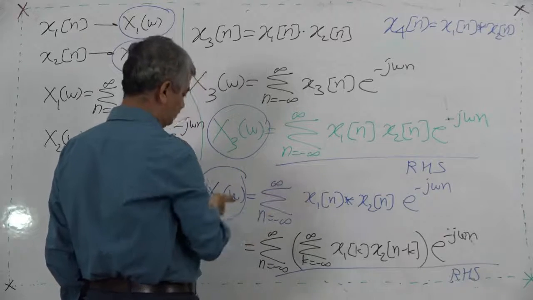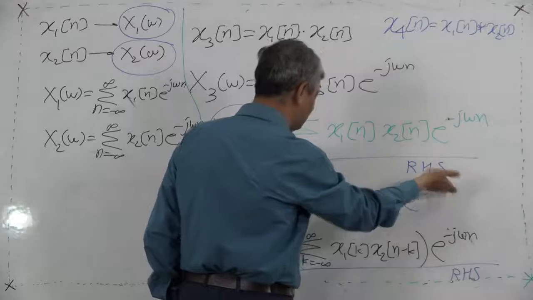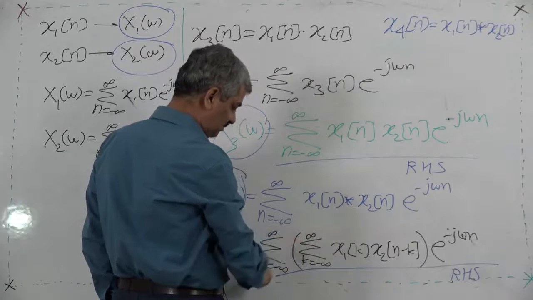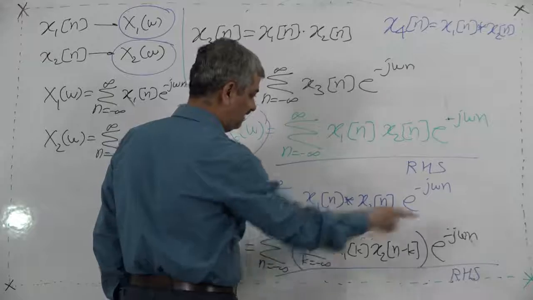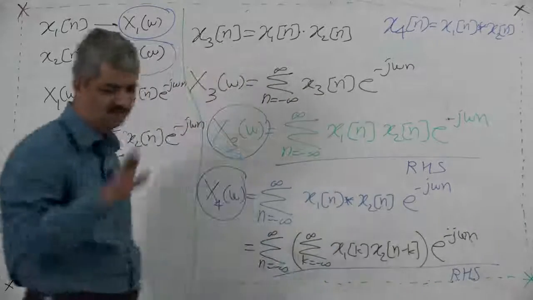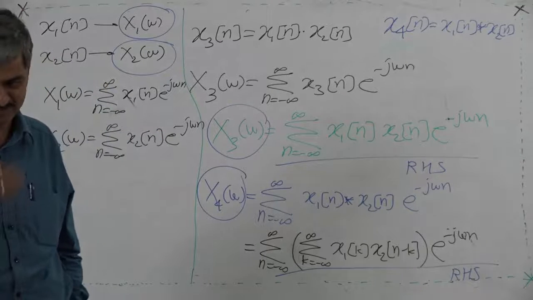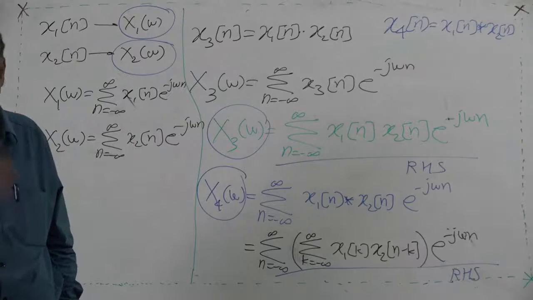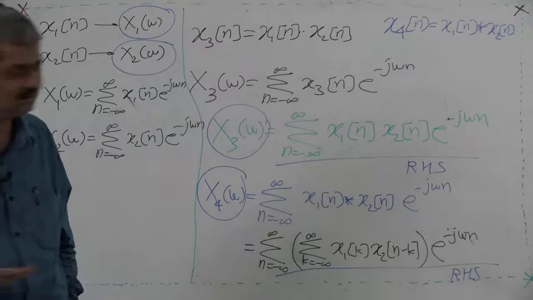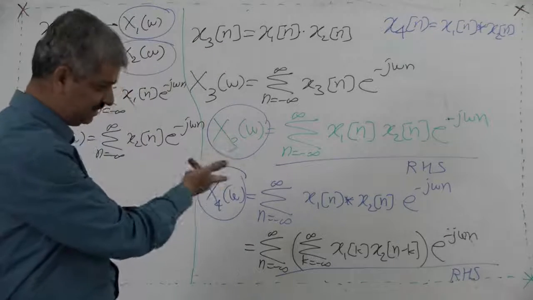The DTFT of x3[n] is simply the summation of x3[n] e raised to minus j omega n, that is x1[n] into x2[n] e raised to minus j omega n, and in the case of x4, that is the convolution, X4(omega) is x1[n] convolved with x2[n] e raised to minus j omega n. This convolution I express as a summation over k. So summation over n, summation over k, this I have to find out. This is not simple, but it would be possible if you apply the knowledge you learned in mathematics in 11th and 12th for resolving infinite summations, interchanging their orders and so on.